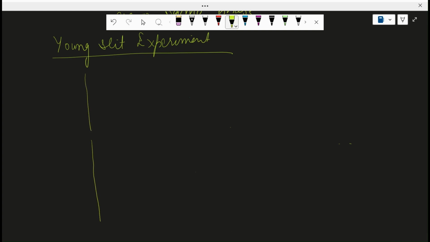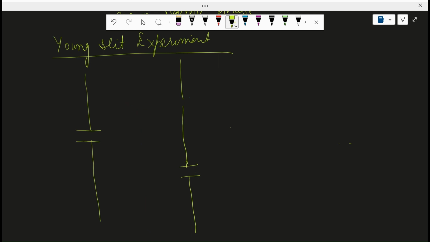This is a vertical sheet, and another vertical sheet I take. So this is another vertical sheet. Here we have a slit in this vertical sheet, and let me take it a little far away. There are two slits in this vertical sheet, right?